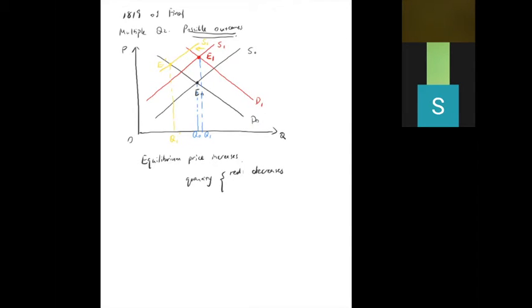But if it's in yellow, the equilibrium quantity will increase. Sorry, if it's in red, the equilibrium quantity increases, and in the case in yellow, the equilibrium quantity decreases.